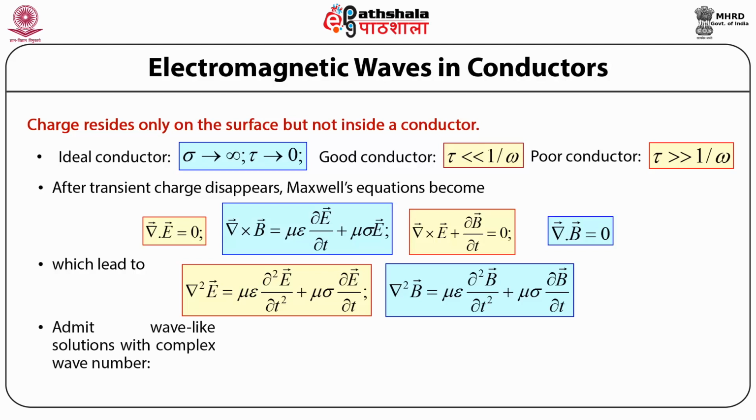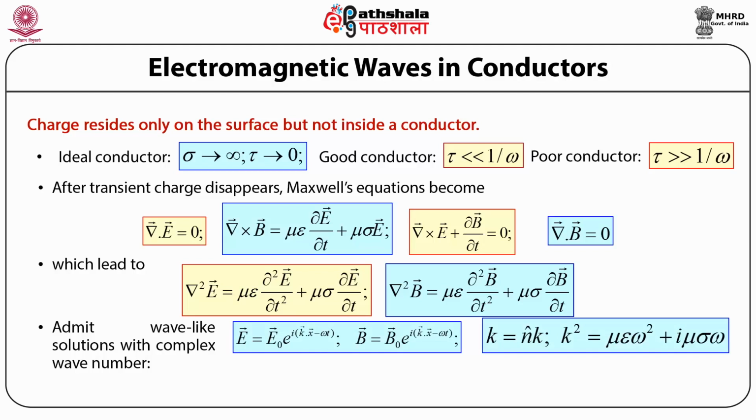So these equations also admit plane wave solutions, but this time the wave number k is complex. So E = E₀ e^(i(kx − ωt)), B = B₀ e^(i(kx − ωt)), and k = k n̂, and k² = μεω² + iμσω.